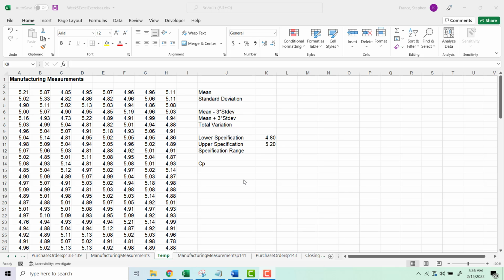Okay, so now we're on to this little manufacturing example. This is kind of related, and we don't do a huge amount of this in this class, but this idea of Six Sigma.